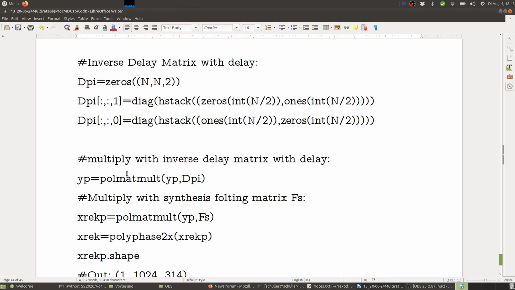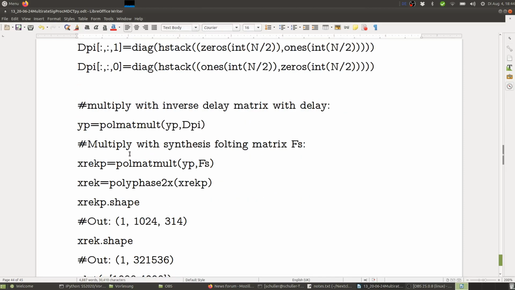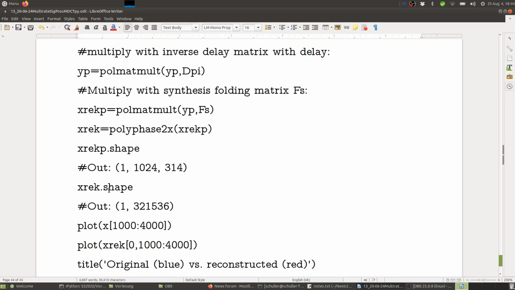In the next step, I'm multiplying the result coming from the inverse DCT4 with this inverse delay matrix. Finally, I'm using the same function PolMatMult and multiply with the synthesis folding matrix FS. And then finally, I'm taking polyphase to X to make the reconstructed audio signal out of it.